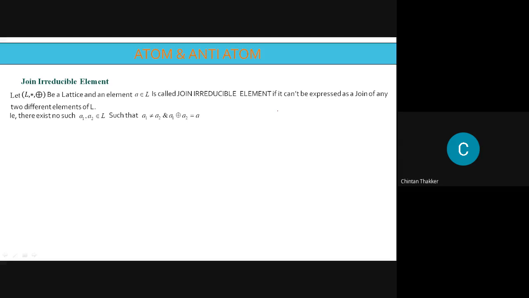Join of any two elements means LCM of any two elements.